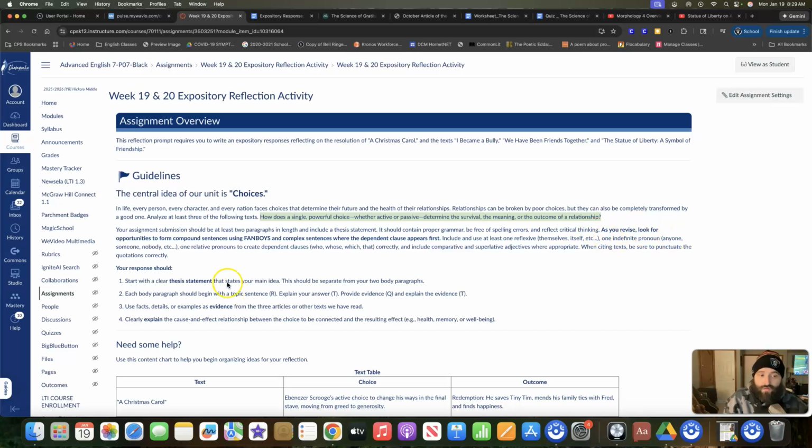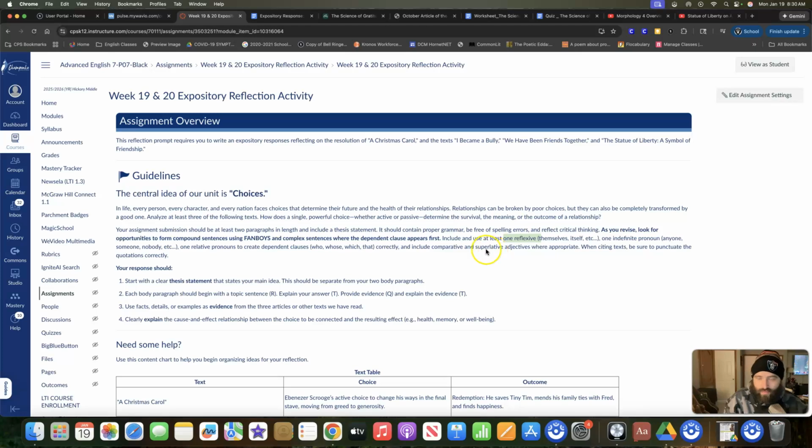As you revise, look for opportunities to form compound sentences using fanboys and complex sentences where the dependent clause appears first. You must include and use at least 1 reflexive pronoun, 1 indefinite pronoun, 1 relative pronoun that creates a dependent clause, and try to include at least 2 comparative or 2 superlative adjectives.